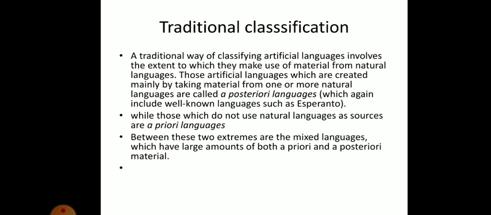They are called a posteriori languages, which include well-known languages such as Esperanto, while the other category belongs to those languages that do not use any natural language as their source, and these are termed a priori languages. Between these two extremes are the mixed languages, which have a large amount of both a priori and a posteriori language sources.